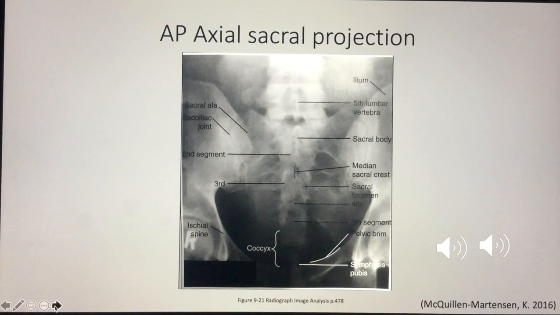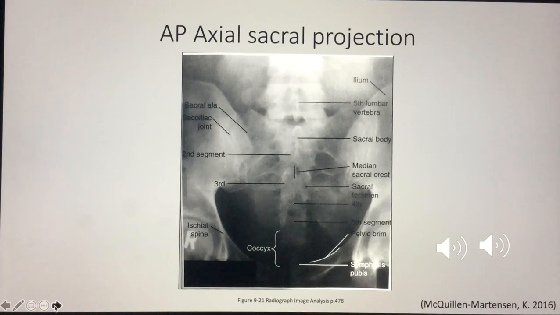On this image, we visualize the AP axial sacrum projection. This is only the labeling image where you can see how the sacrum is looking. It looks elongated because they have a 15 degrees cephalic angulation, and the coccyx is not visible.